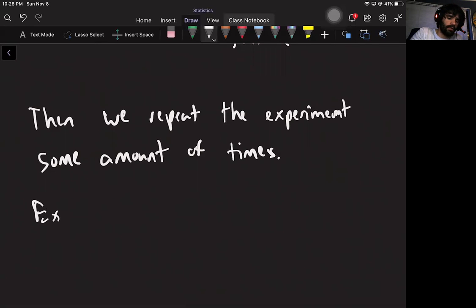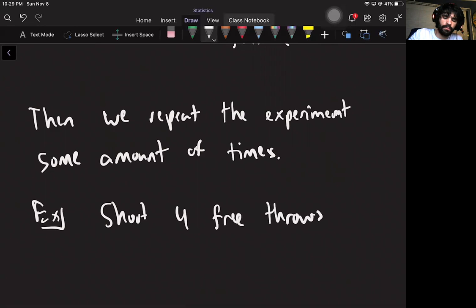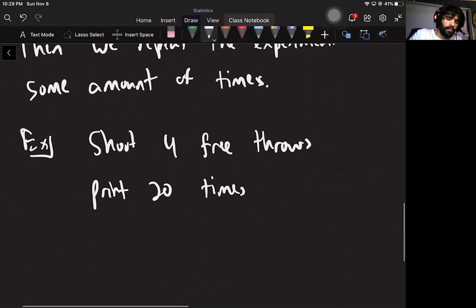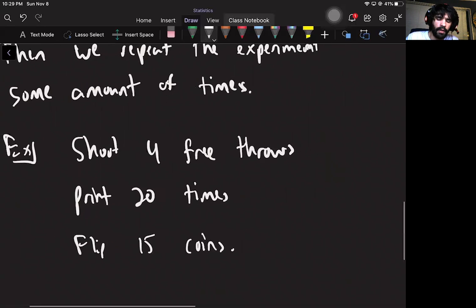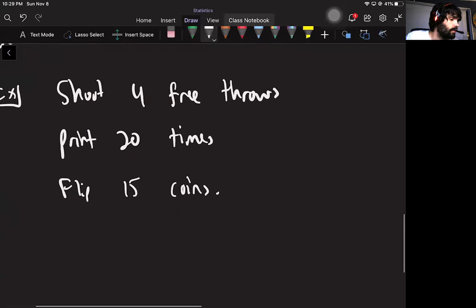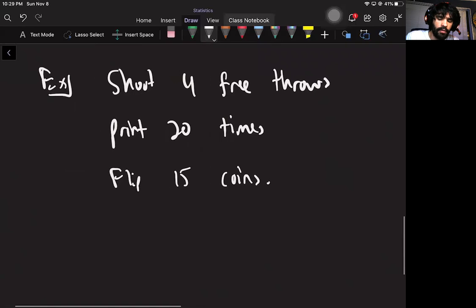So I could shoot 4 free throws, for example. Or I could try to print 20 times. Or I could flip 15 coins. So then the idea is each time I'm doing it, I'm thinking about if I'm succeeding or failing. And then I want to look at probability of that happening.